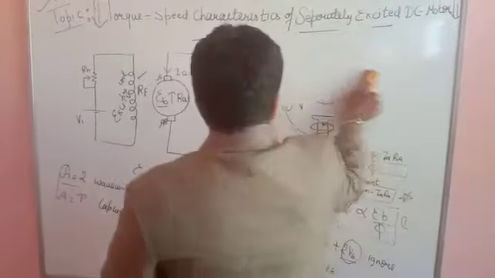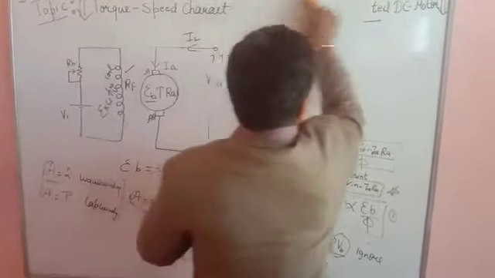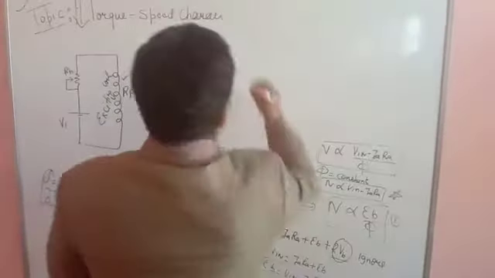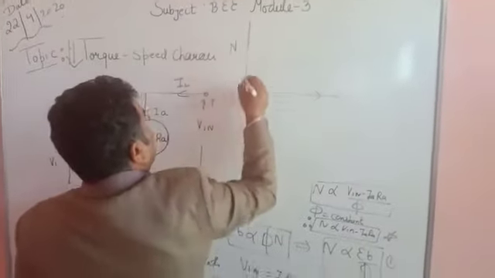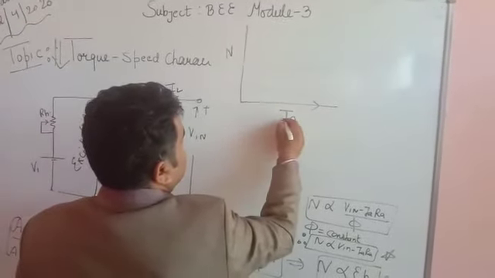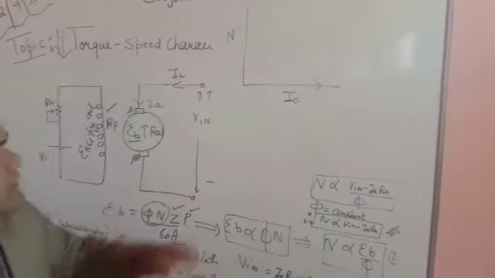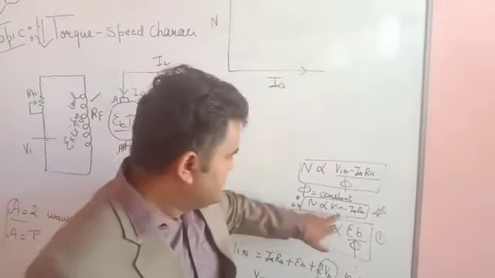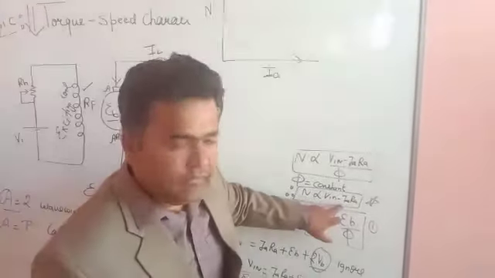I am roughing this diagram here also. So first of all I will draw the speed current curve. Now in the speed current curve, V in is constant, the supply voltage, it is DC.